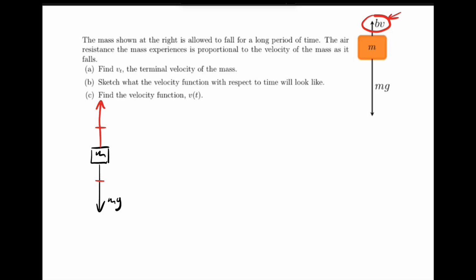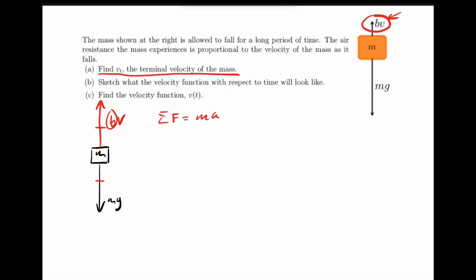So here we go. First part, find the terminal velocity of the mass. Well, that means the resistive force is bv, where b is just some constant. I don't know what it is. It might be 7 or something like that. So we can say the summation of all the forces is equal to ma.